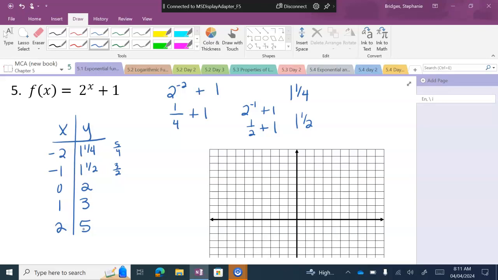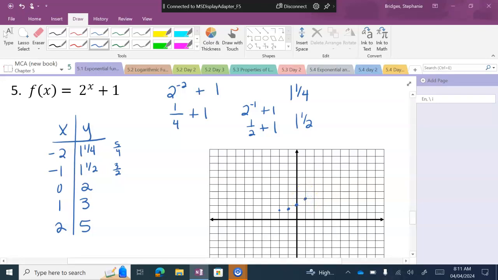Okay, so let's go -2 and 1 and 1/4 is going to be above here, maybe. Okay, -1 and 1 and 1/2 is going to be halfway in between 1 and 2. 0, 2 is here. 1, 3 is here.